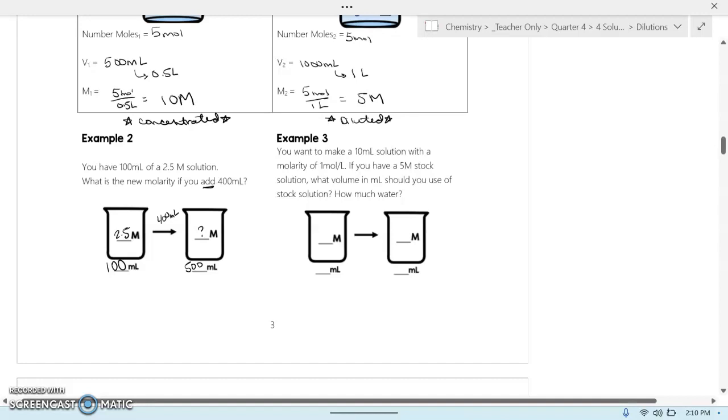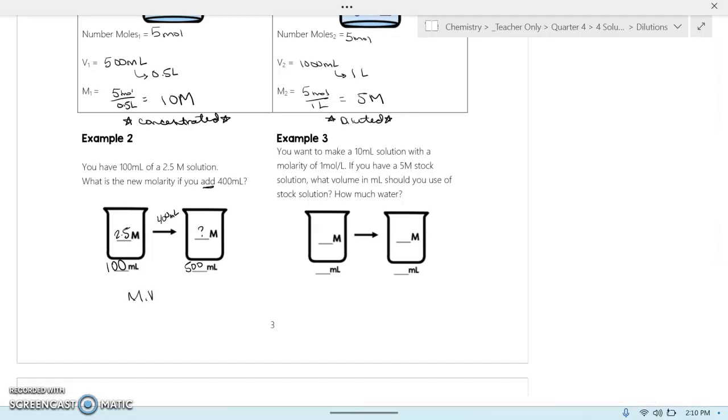And we have all the information to plug into our equation. M1V1 equals M2V2. So plug them in. Got 2.5 and 100. 500. Now you might be wondering, why aren't you changing those into liters? You can, but if they're the same before and after, then it doesn't matter. As long as they're in the same units, you will get the correct units of whatever it is that you're working with.